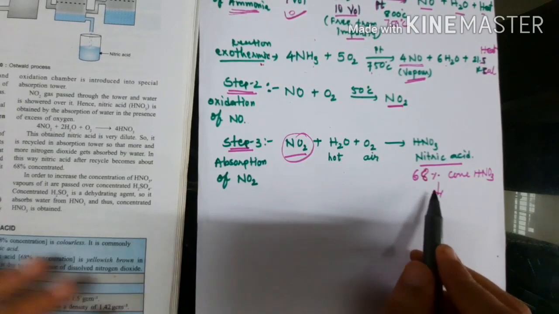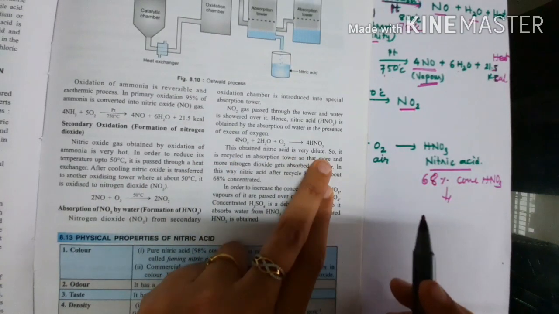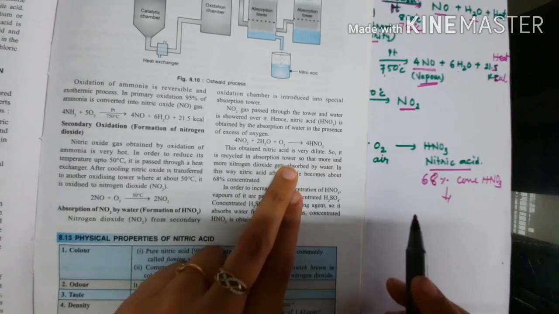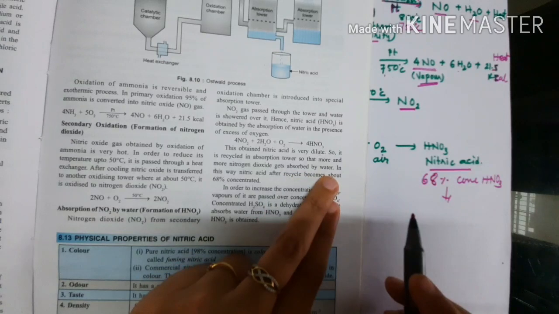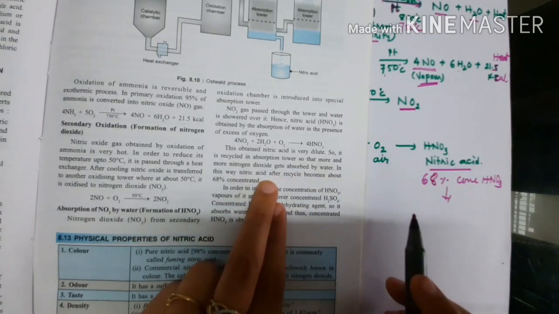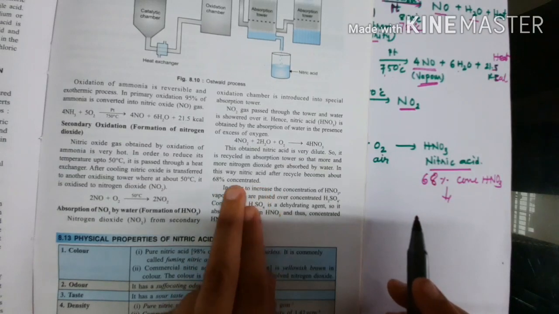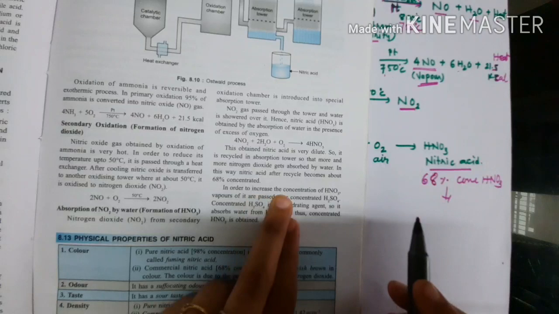As given in your textbook, the outlet nitric acid is very dilute, so it is recycled in the absorption tower so that more and more nitrogen dioxide gets absorbed by the water. In this way, nitric acid after recycling becomes about 68% concentrated.